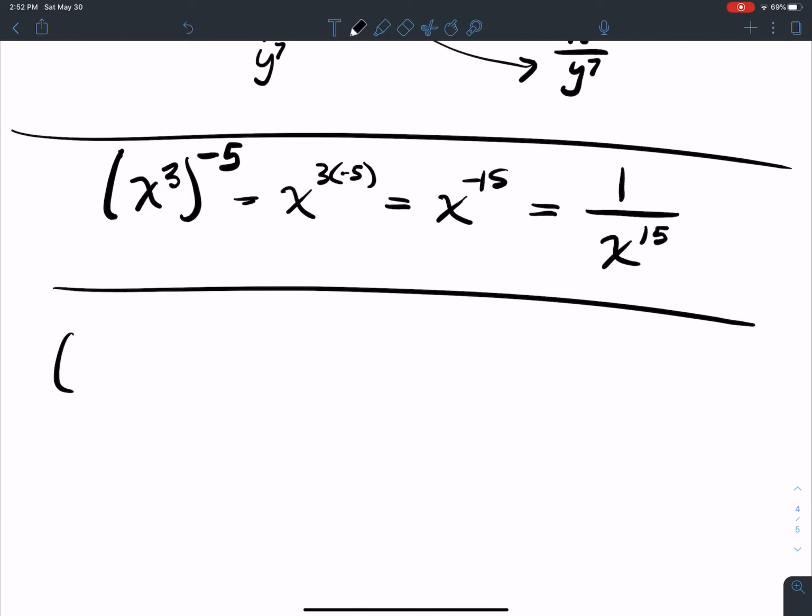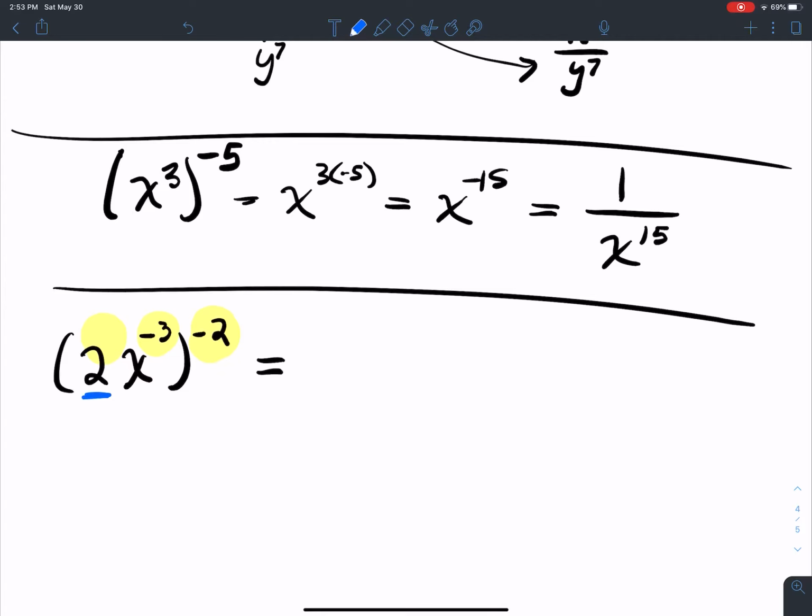Let's try this one. 2x to the negative 3, all raised to the negative 2, equals, now, once again, power to a power. The question is, what is the exponent on that 2 right there? When you're thinking about exponents, you ask yourself, how many are there?